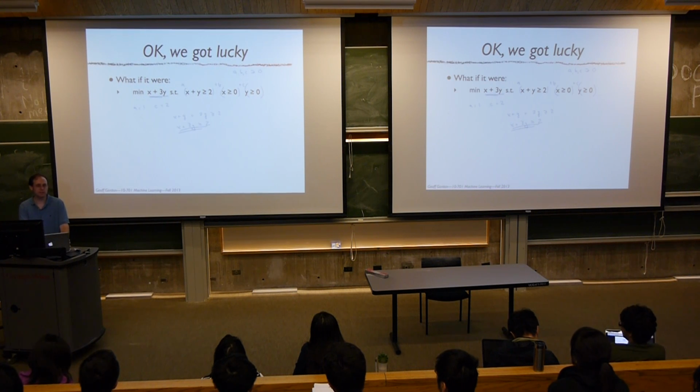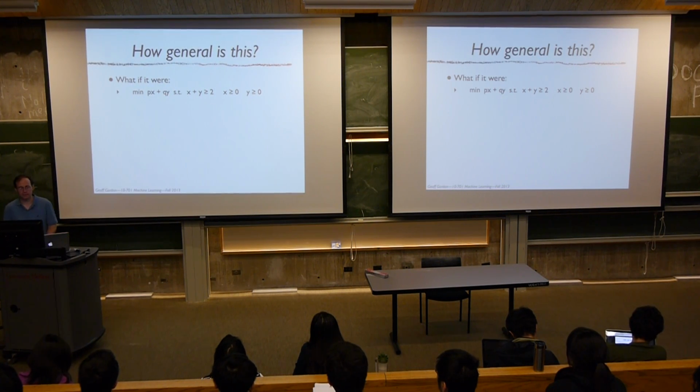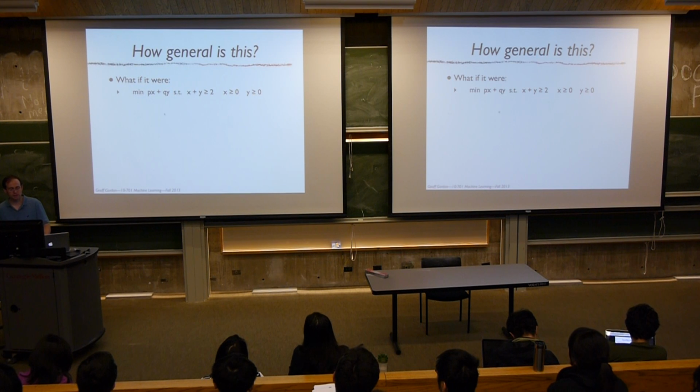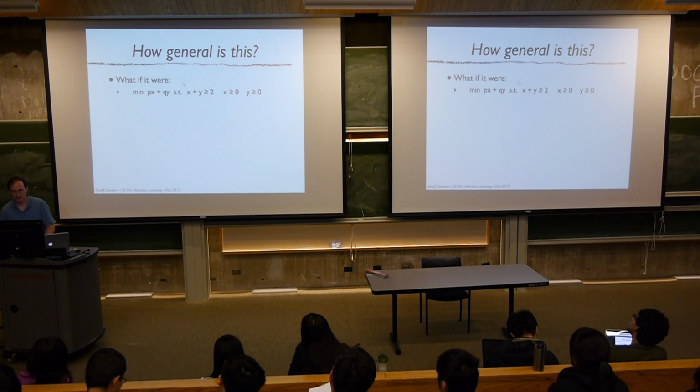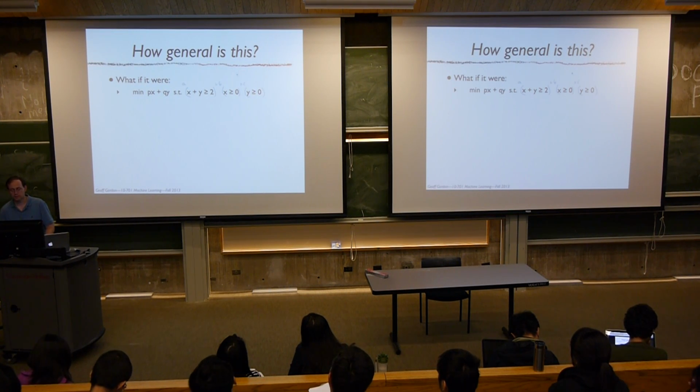Did we get lucky twice in a row? No, actually. It turns out that this is perfectly general. If we have any arbitrary objective subject to some constraints, we can take a times that plus b times that plus c times that, for a, b, and c greater than or equal to 0.